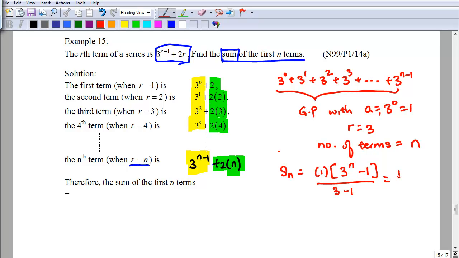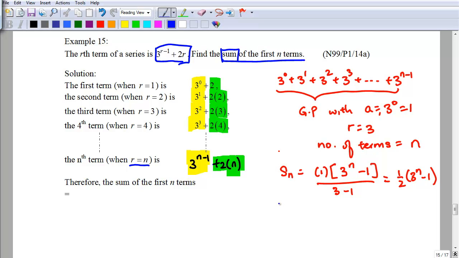So we'll be having half times 3 power n minus 1. When we present our answer, we will present it neatly later. Okay, let's look at the part highlighted in green now.